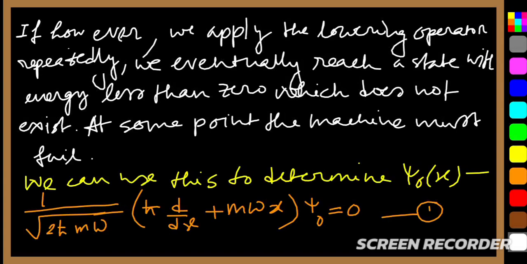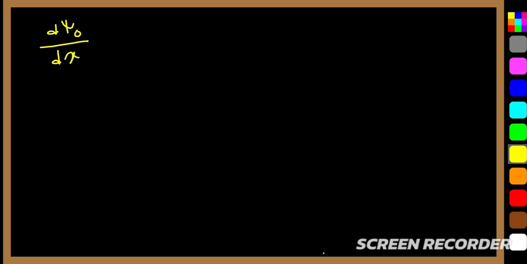This is the first equation. Next, we have to see d psi 0 by dx equal to minus m omega by h cut x psi 0.